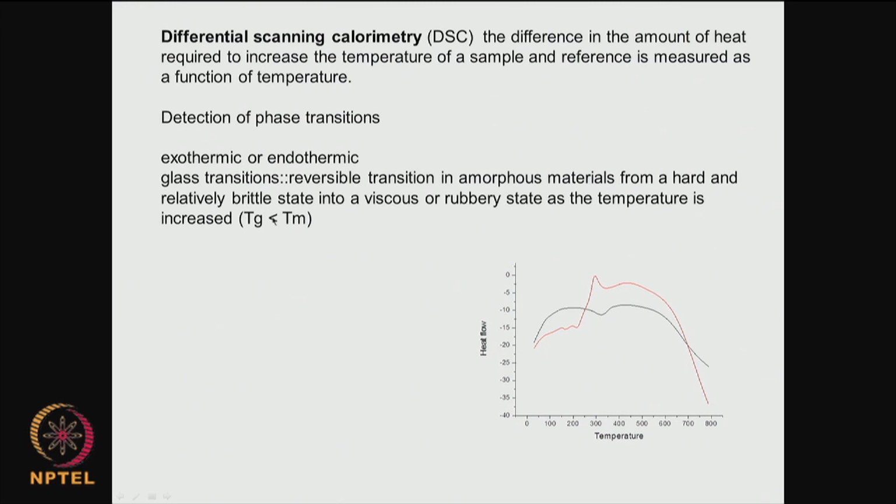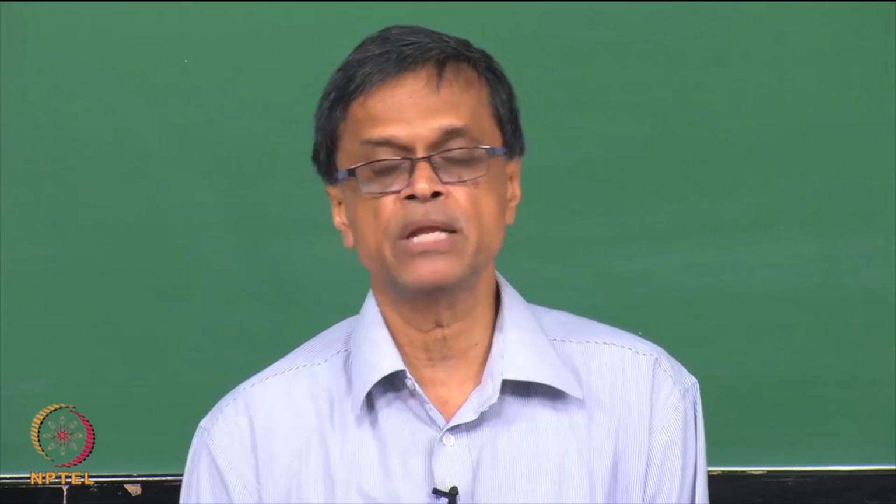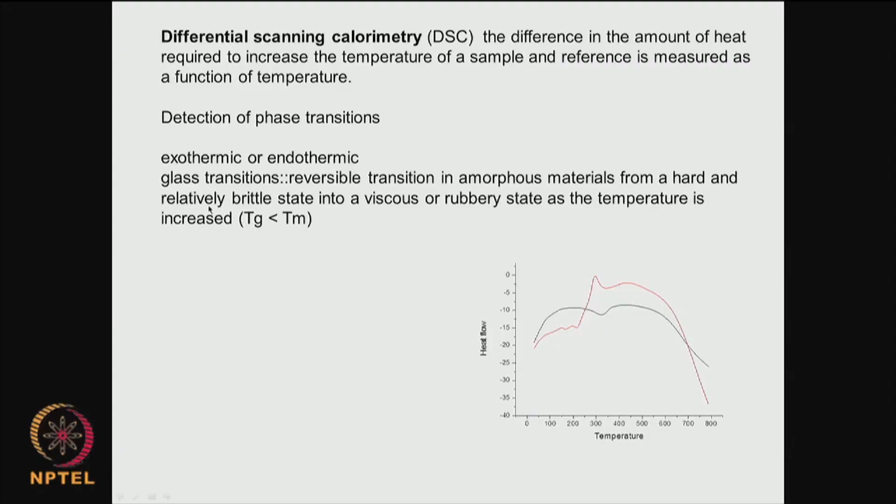Tg is always less than Tm. Tm, the melting temperature, could be very high, 300, 400 degrees, whereas glass transition can happen at 30, 40, 50 degrees. So, at this temperature there is a phase change from a hard and relatively brittle state into a viscous or rubbery state. That is called glass transition.